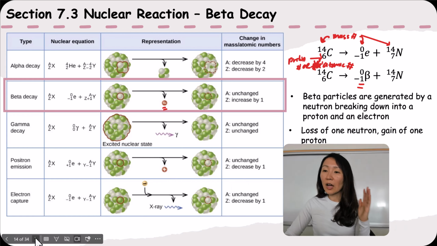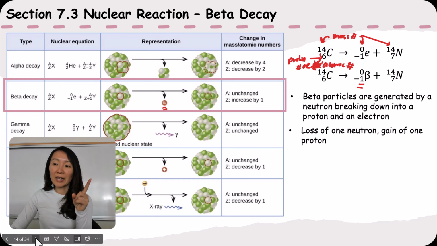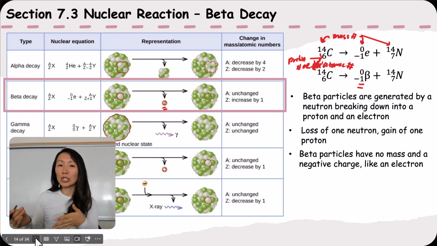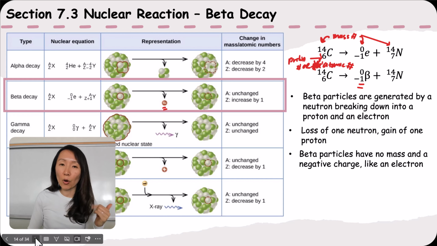Now let's go a little bit more into details. So loss of 1 neutron, gain of 1 proton, and then a beta particle is released as this process is happening. The beta particle is much like the electron because it has no mass, and its charge is negative.